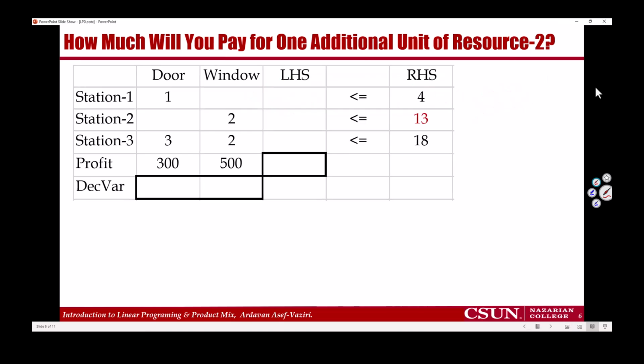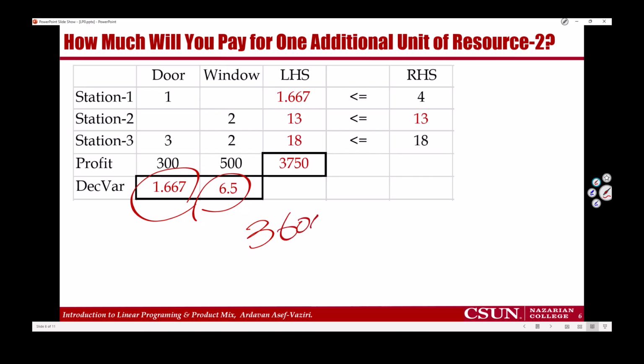If we give this problem to solver the same as the previous one, we get this solution, optimal solution, and the profit we make is $3,750, and these are our left-hand sides. The previous profit was $3,600.